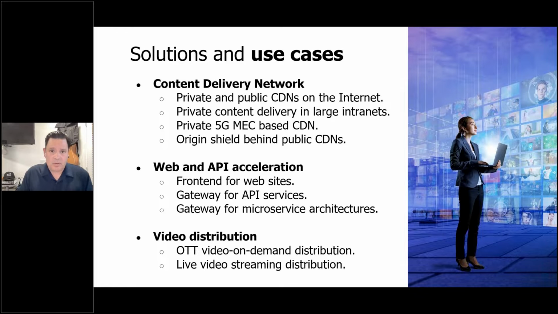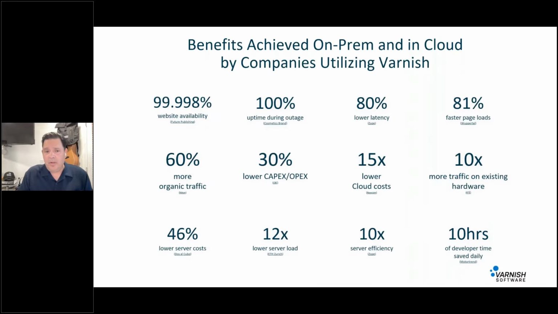And if we go to the next slide, we start to look at actual value delivered by implementing cache. So again, across the board, these are real world values that were communicated to Varnish by our customers after implementing cache. I won't read all of these, but I'll point a few out that are very relevant here.